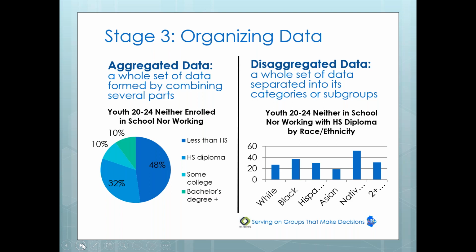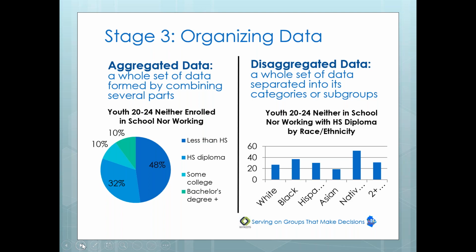So for example, you could disaggregate district-wide data by school, or school data by grade, or grade level by classroom, or classroom data by child, and even deeper by child with or without a disability, or a child with a certain type of disability.